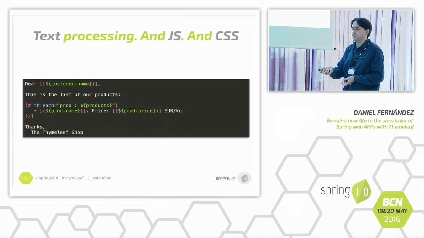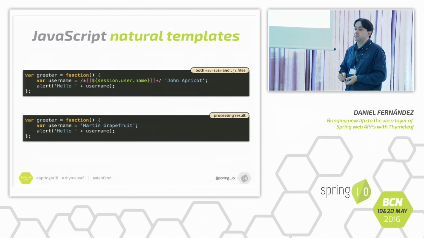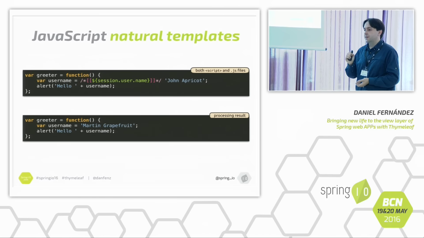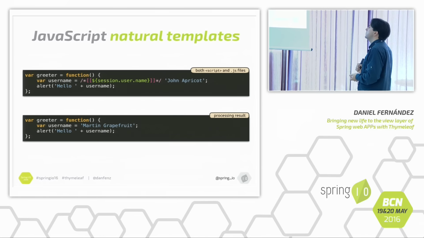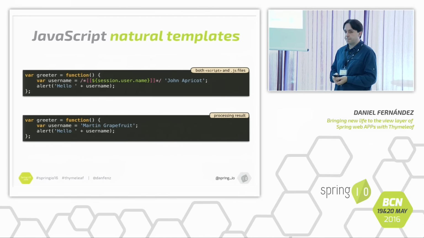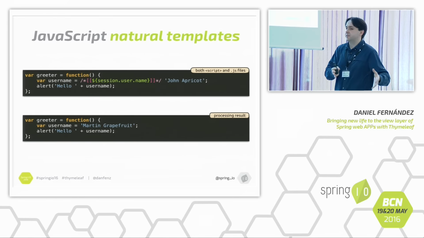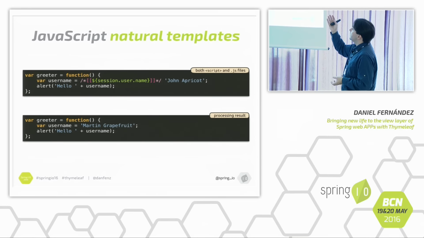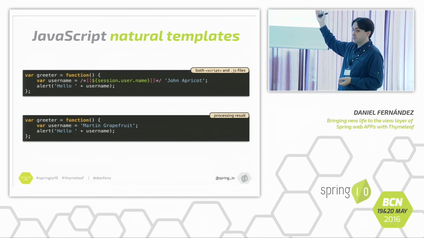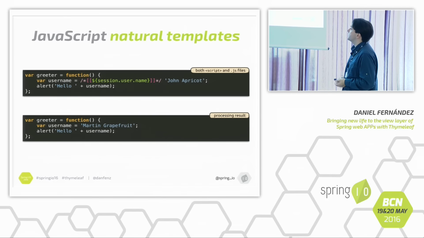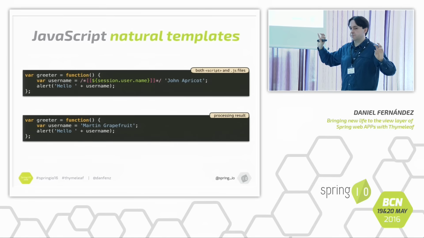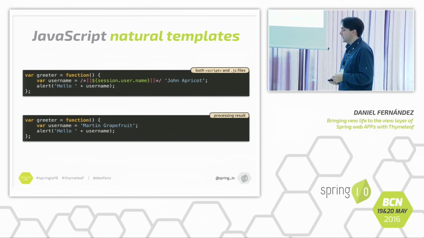You can do this also for JavaScript and for CSS, and in JavaScript it has a very nice consequence, which is that you can do JavaScript natural templates. JavaScript natural templates are the same thing as we are doing in HTML, but now we can have a JavaScript file, a .js file, right now in Thymeleaf 3, which looks like the code at the top of the slide. That's session username, an inlining expression, but it's a special inlining expression because it has comment symbols wrapping it.